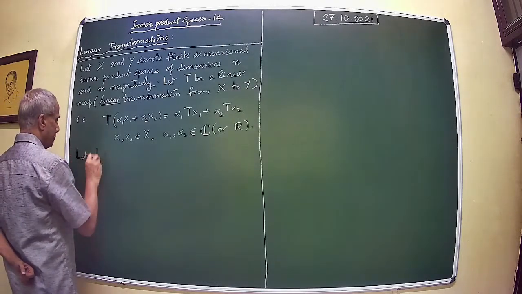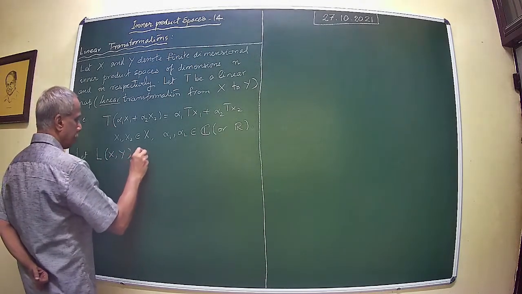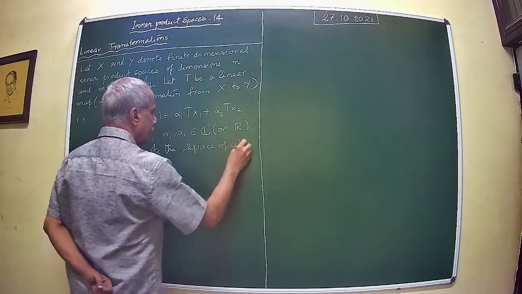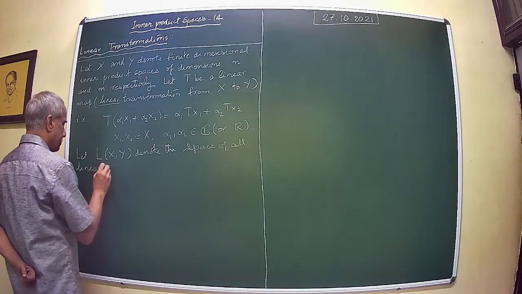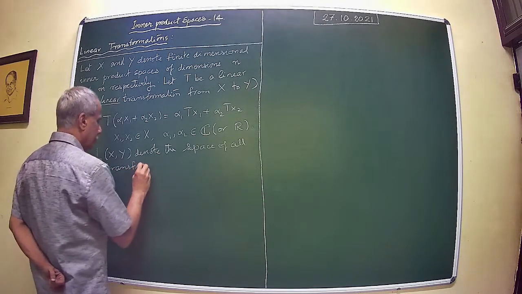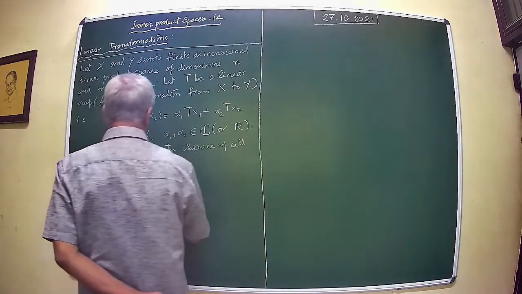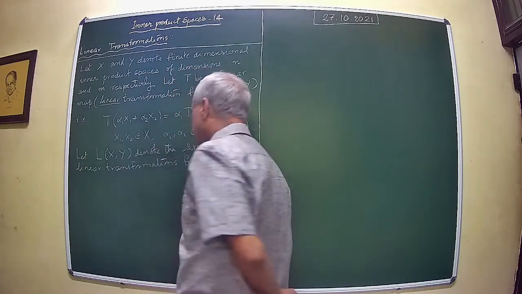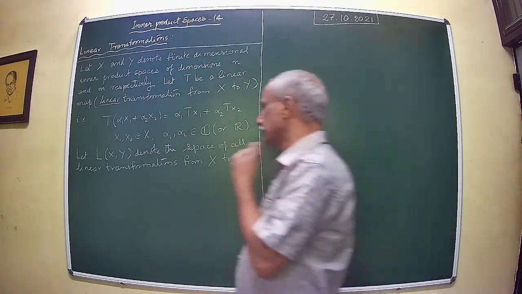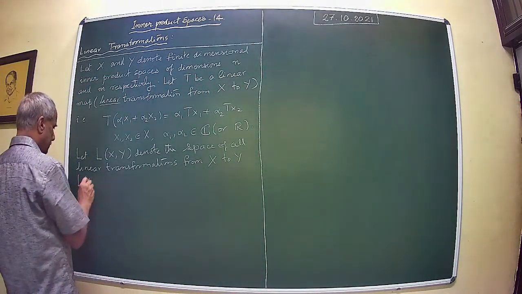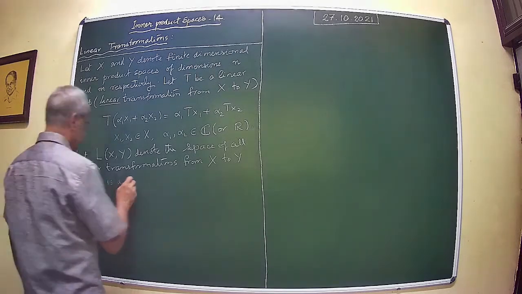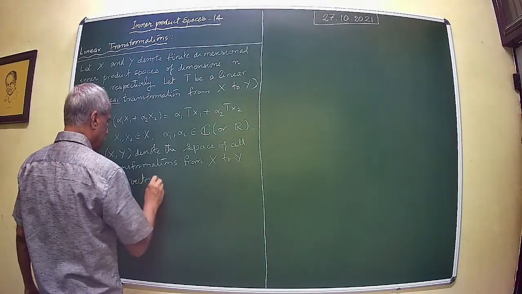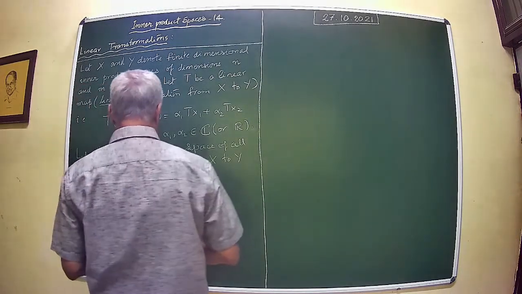Let L(X,Y) denote the space of all linear transformations, and as we have seen in the case of vector spaces, L(X,Y) is a vector space of dimension nm.